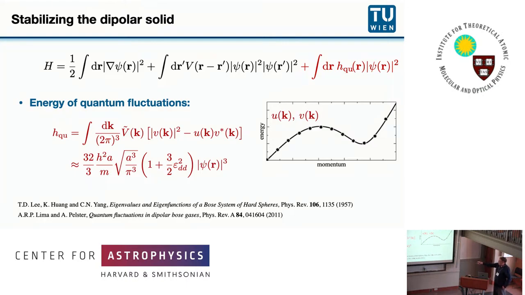This can be easily calculated from here, and what you get out has also been known for a long time, since the 50s, as the LHY correction to the equation of state of a Bose-Einstein condensate. This is all nice and well confirmed for local interactions, and often in talks it's also described as a standard thing for dipolar interactions, but there's actually a problem.